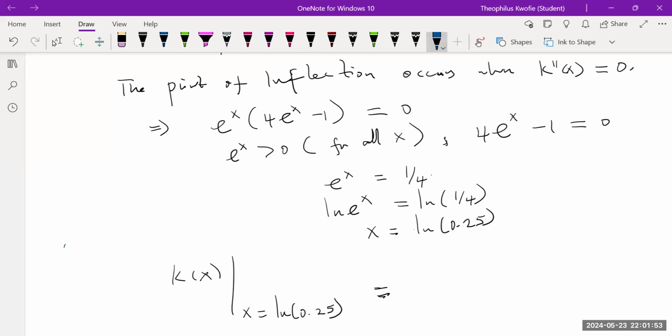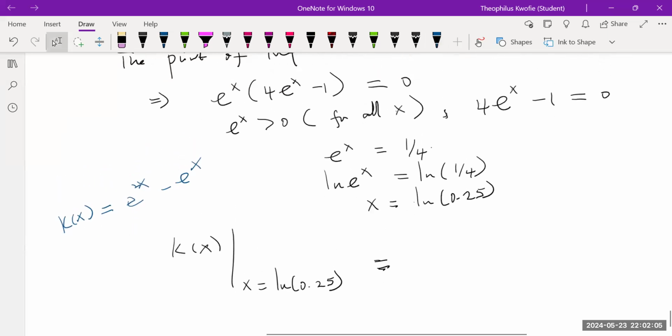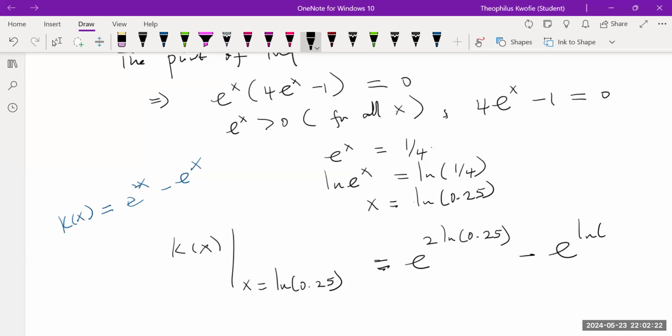Remember that our k of x, which was the function that we're given, was e to the power 2x minus e to the power x. So we're going to evaluate that at natural log of 0.25. So you're going to have e to the power 2 ln 0.25 minus e to the power natural log of 0.25.